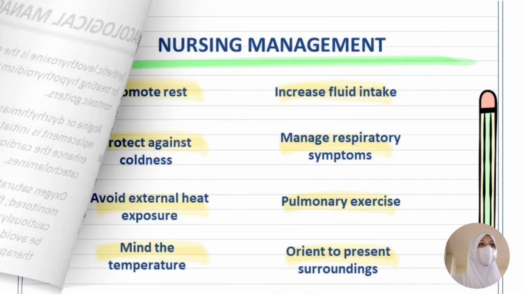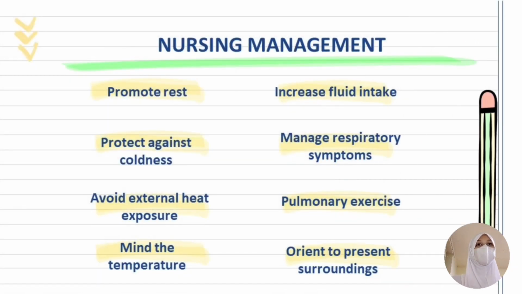Moving on to the nursing management for patients with hypothyroidism or Hashimoto's disease, include promote rest. So it is very important to space activity to promote rest and exercise as tolerated. Second, protect against coldness. So the patient often experiences chilling and extreme intolerance to cold.